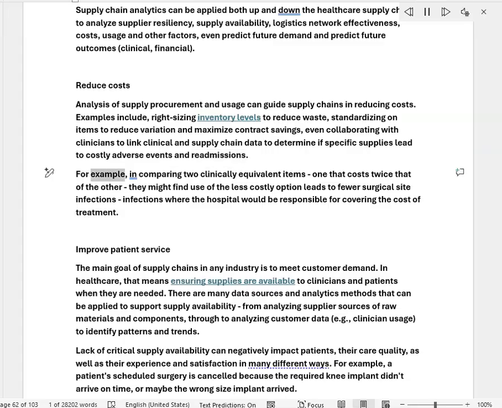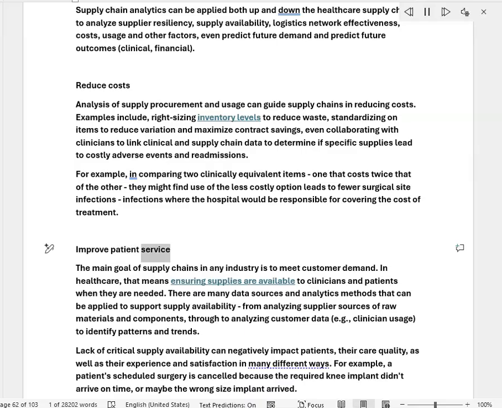For example, in comparing two clinically equivalent items, one that costs twice that of the other, they might find use of the less costly option leads to fewer surgical site infections, infections where the hospital would be responsible for covering the cost of treatment.